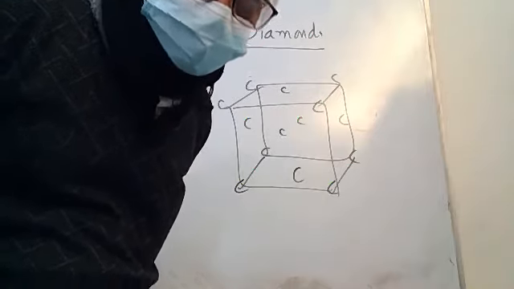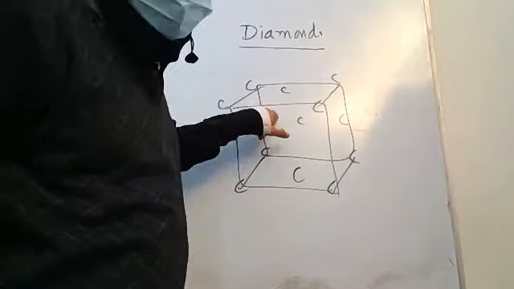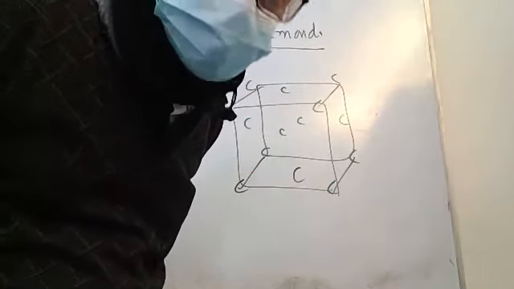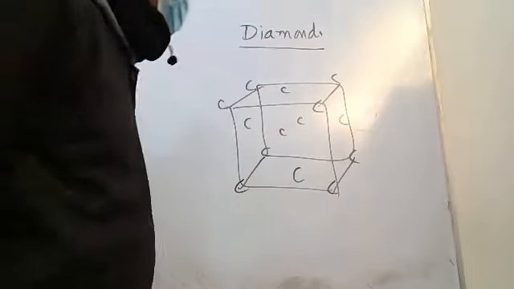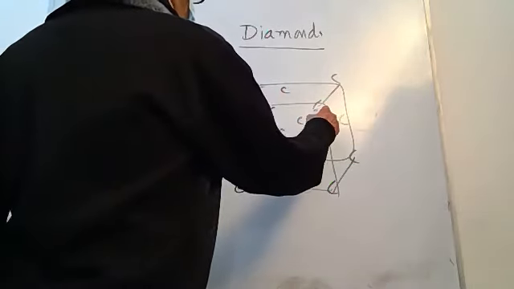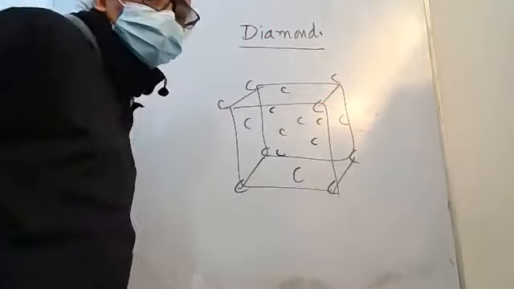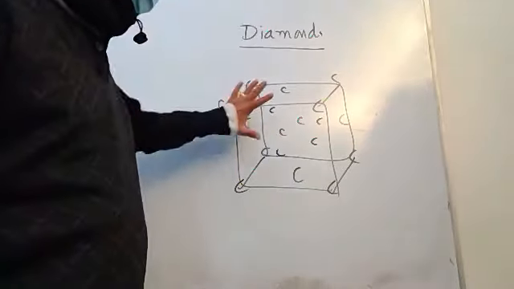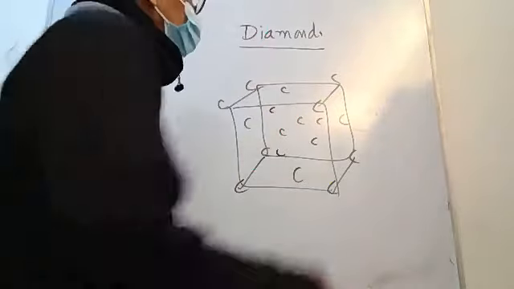And remember, this should have 8 tetrahedral holes. If we use 1/2 of those tetrahedral holes, so if you put another carbon here, carbon there, only 1/2 of the tetrahedral holes, the resulting structure is what we call diamond.